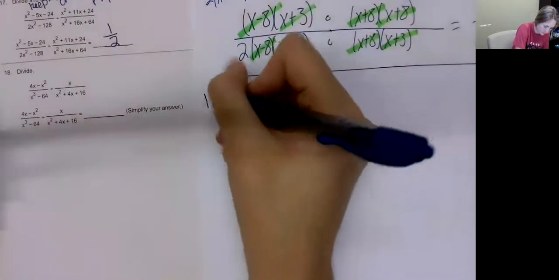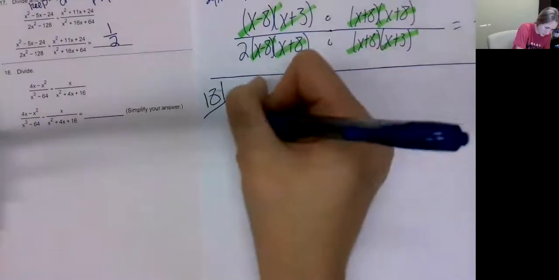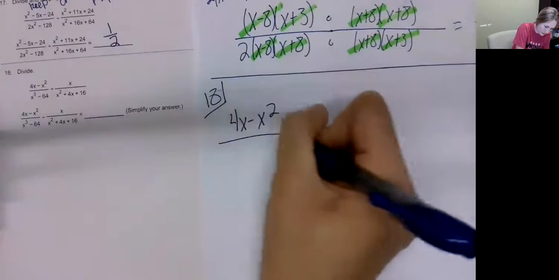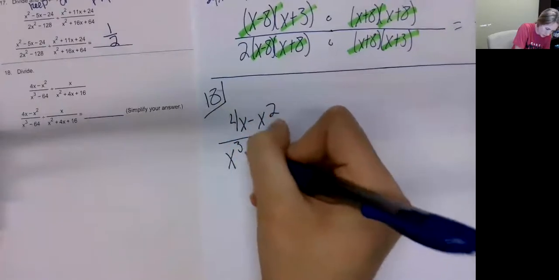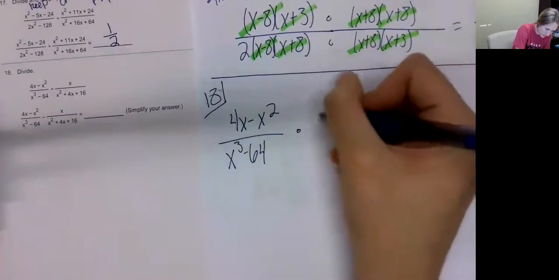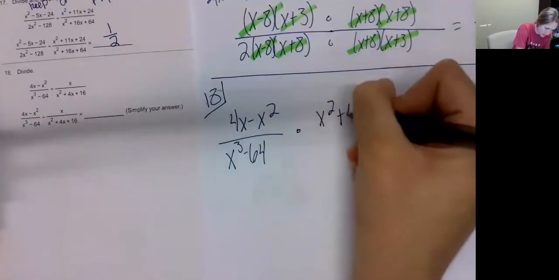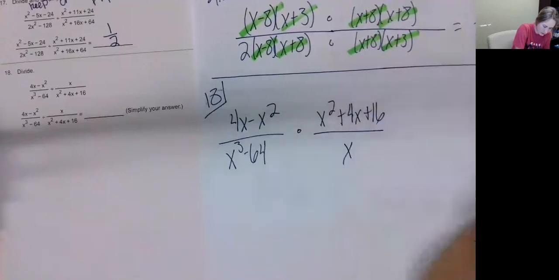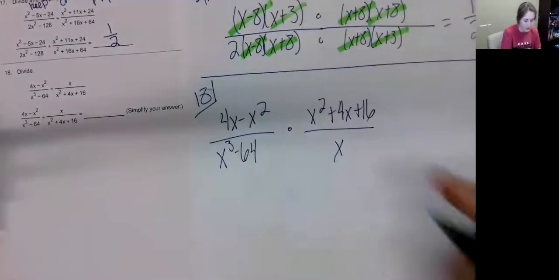Okay, last one, 18. We have 4x subtract x squared over x cubed subtract 64 times, flip it, x squared plus 4x plus 16 over x. Well, at least this one's factored.